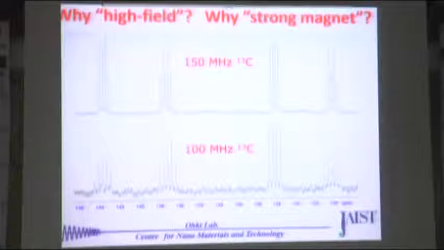Strong magnet means higher frequency. This is the carbon one-dimensional NMR spectrum recorded at 150 MHz. That means the proton frequency is 600 MHz. And here is the carbon NMR spectrum at 100 MHz. That means the proton resonance frequency is 400 MHz.